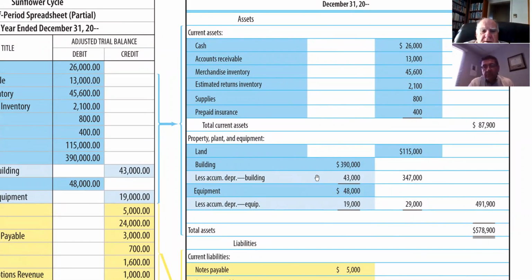They'll say a building was depreciated for $43,000. True or false? The accumulated depreciation account decreased. No, it increased, right? It's a contra asset account. And that can be a confusing thing. You need to think about it a little bit.